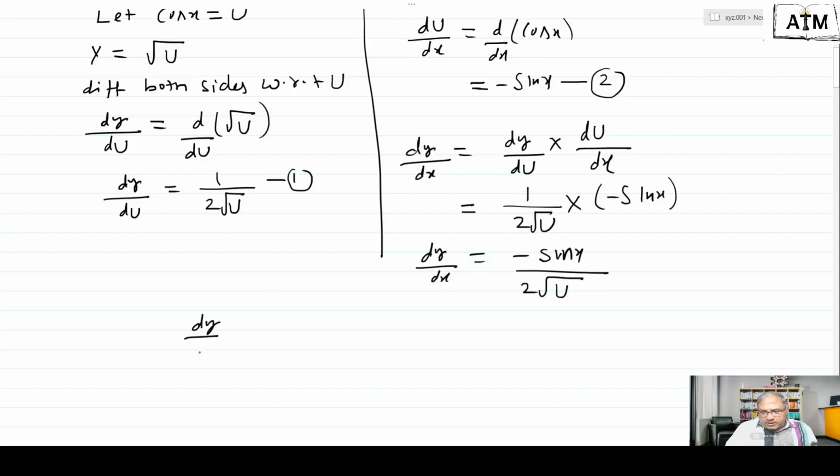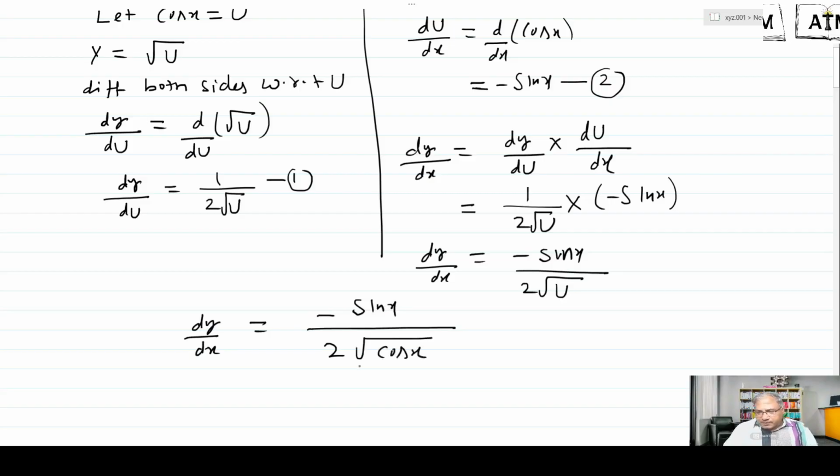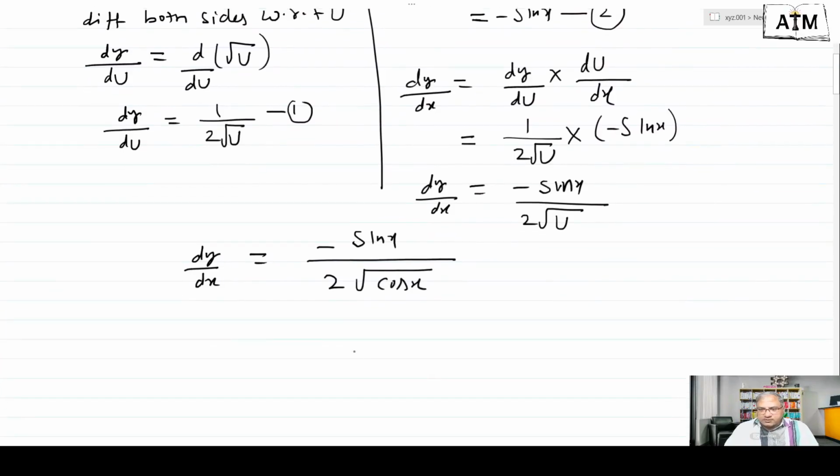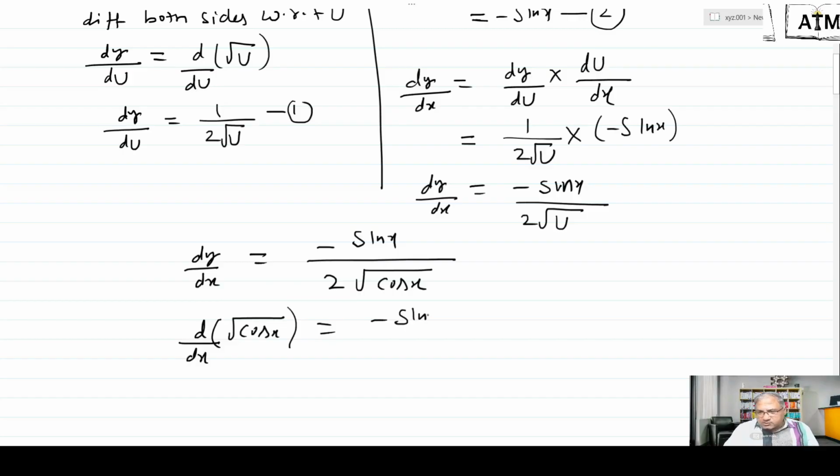What is u? u is nothing but cos x. So here cos x will come. And how to finally write? Finally we can write, differentiation of under root of cos x with respect to x equals minus sin x upon 2 into under root of cos x. So this is the answer.